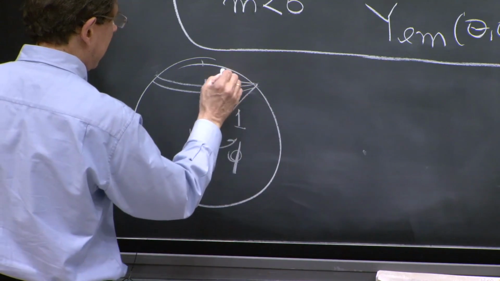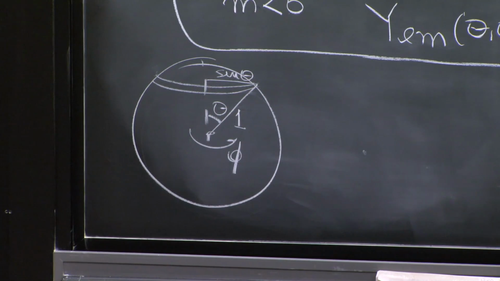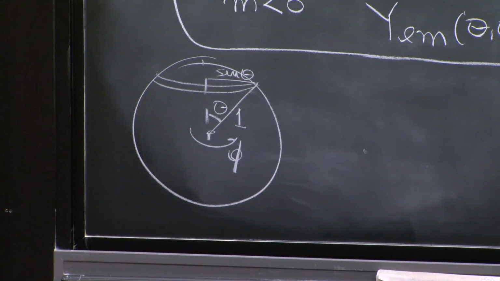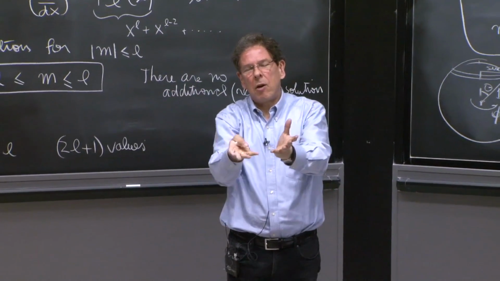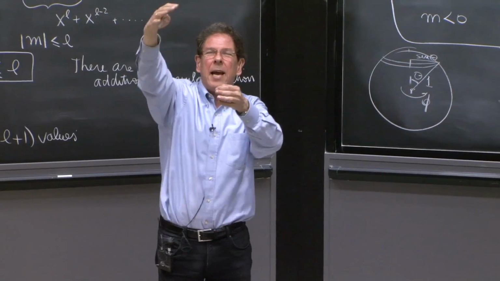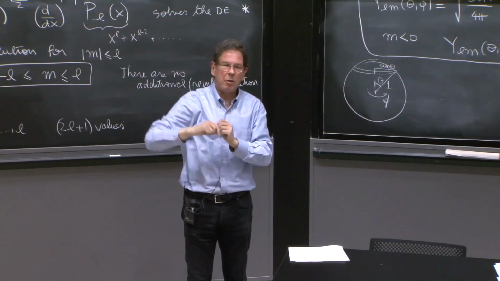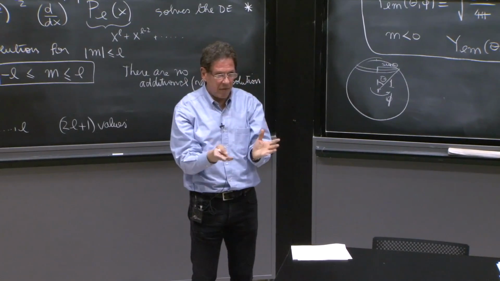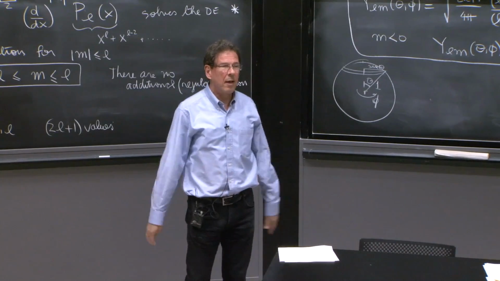Here is sine theta. So what is solid angle? It's really the area on a sphere of radius 1. The definition of solid angle is area over radius squared, the part of the solid angle that you have. If you're working on a sphere of radius 1, the area element is the solid angle.